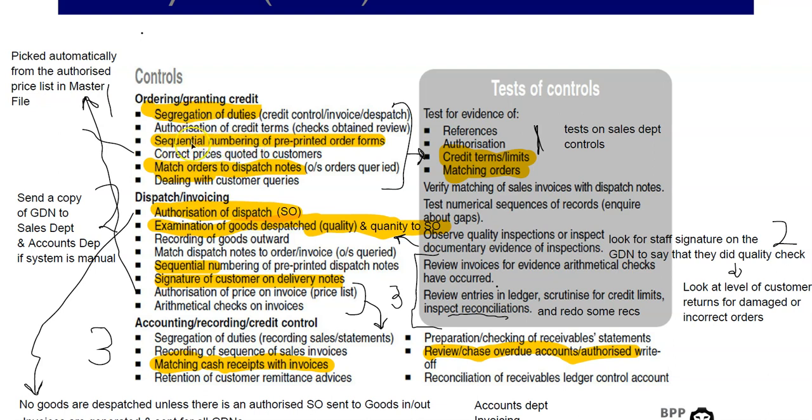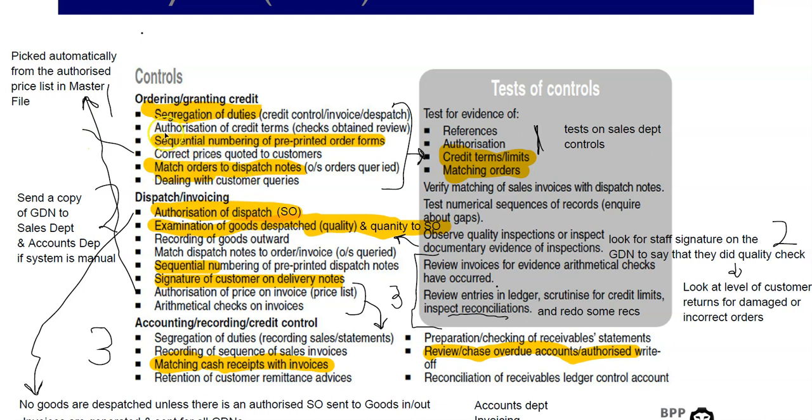It allows the auditor to check for completeness. Correct prices quoted, and they should come directly from the authorized price list, the standing data that's in the master file. And there should be access controls on the master file. So only a very limited number of people should be able to change the standing data in the master file. And standing data is things like authorized prices, customer details, bank accounts, those kind of details.